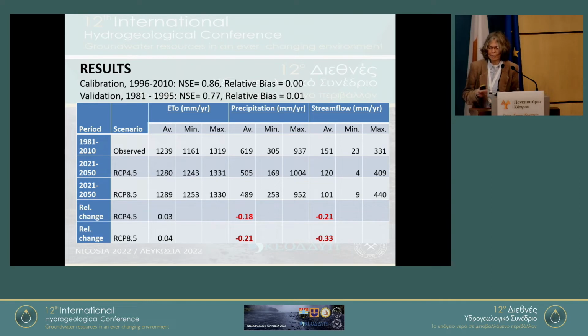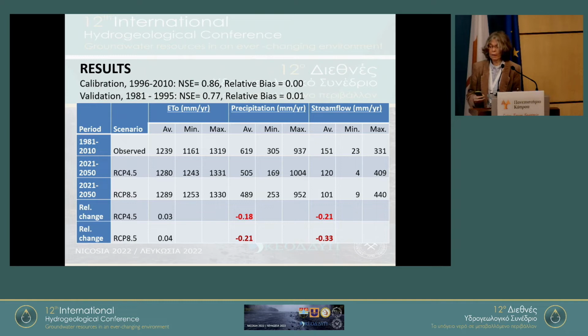So then the main message I have is below: the relative change in rainfall over the watershed. We see that the evaporation change due to temperature is 3 or 4% under the 2 scenarios. Rainfall is much more: an 18% decrease under RCP 4.5 and a 21% decrease in average annual rainfall over the watershed under RCP 8.5.